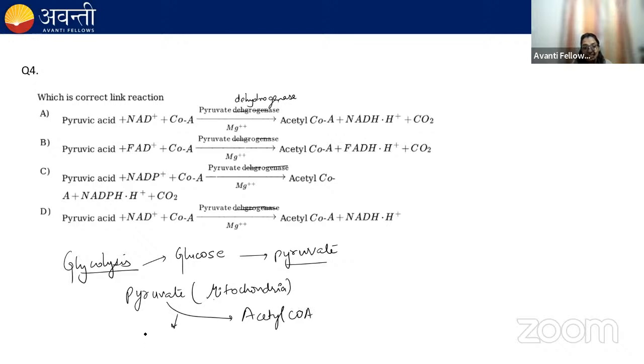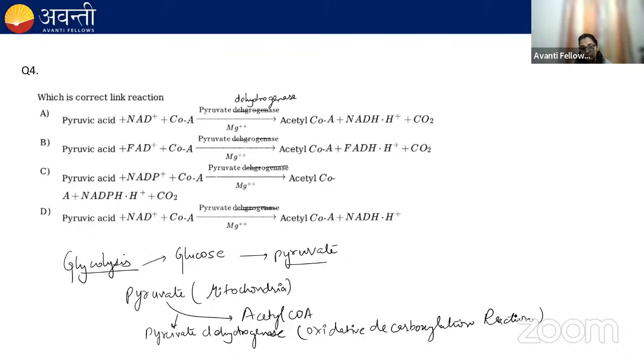And this reaction is catalyzed by an enzyme known as pyruvate dehydrogenase. It's an oxidative decarboxylation reaction. Remember this. Decarboxylation means CO2 is released. Here you can see the CO2 is being released.